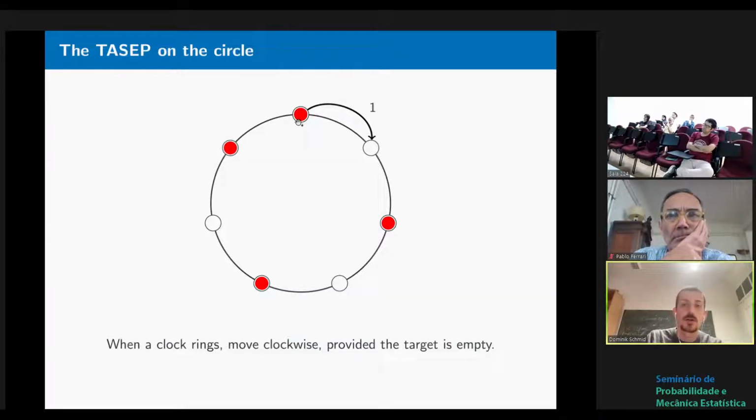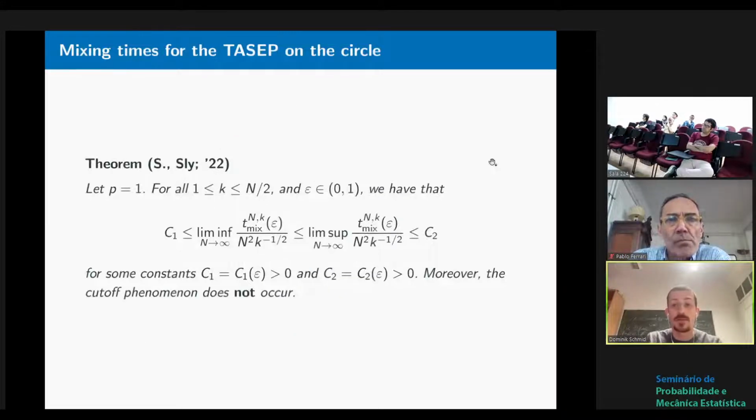So whenever the clock of a particle rings, it will attempt a jump in the clockwise direction. And again, it will do so under the exclusion constraint. So let's say this particle here will, for example, not be able to jump on top of that particle. Okay. And for this dynamics, we have the following results.